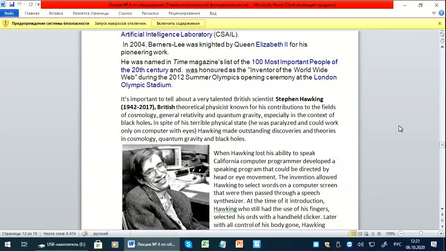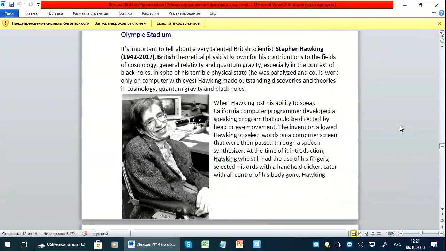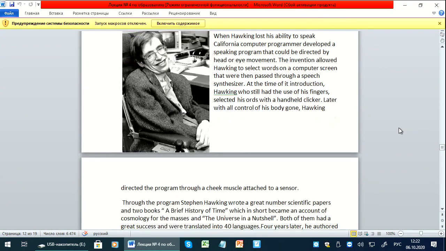At the time of its introduction, Hawking, who still had the use of his fingers, selected his words with a handheld clicker. Later, with all control of his body gone, Hawking directed the program through a cheek muscle attached to a sensor.